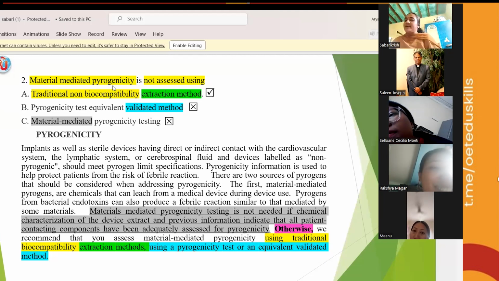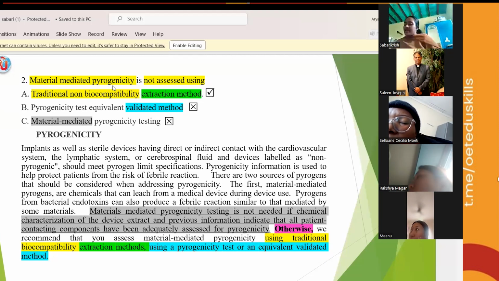In the third sentence from the last: otherwise, we recommend that you assess material mediated pyrogenicity using traditional biocompatibility extraction methods, using a pyrogenicity test or an equivalent validated method.